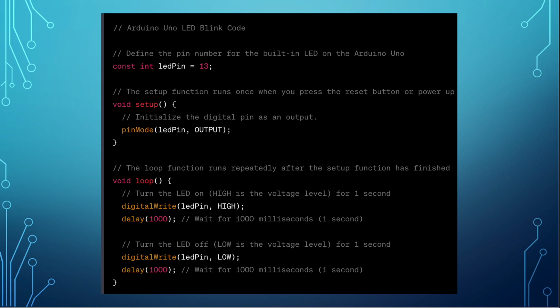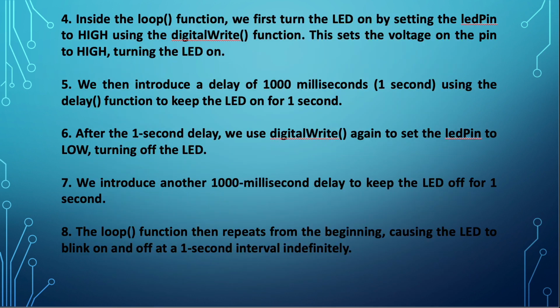We are going to keep the structure of the code and try to understand what the code means. So digital write here means that we are writing a value to that defined port 13, which is defined as LED pin. This is the name we have given to port 13, right?